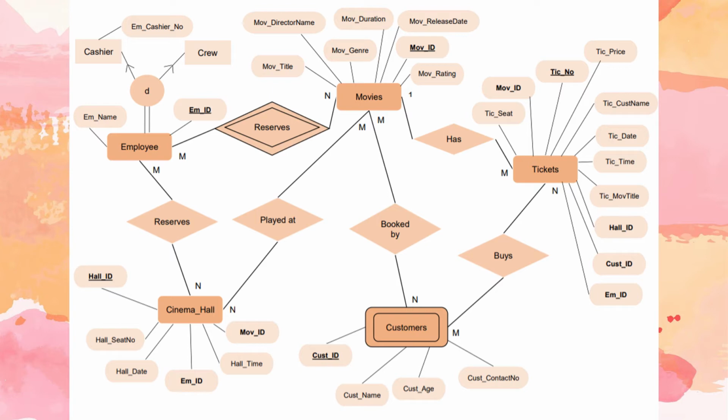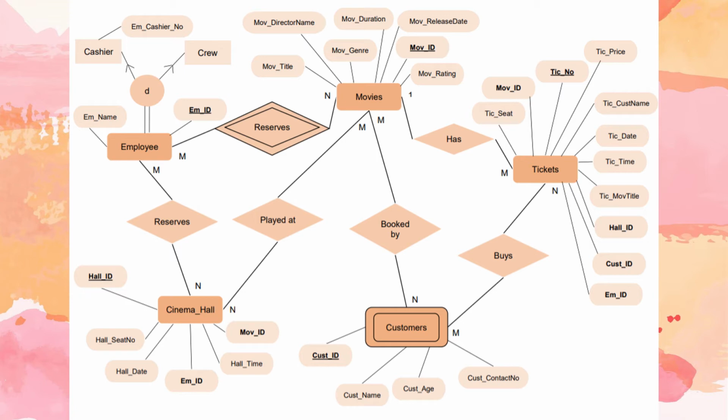For movies, those are the attributes as I mentioned earlier as details, and the primary key is move_ID. For the cinema_hall entity, those are the details that are needed for the system, and the primary key is hall_ID. Then it also has foreign keys such as move_ID and M_ID.